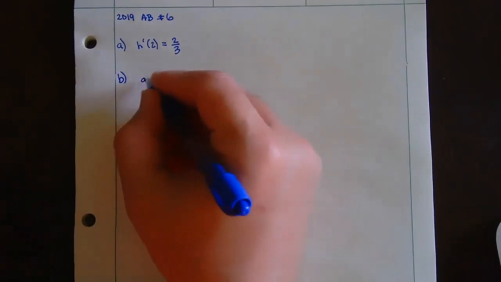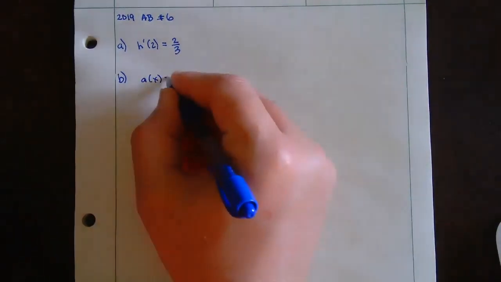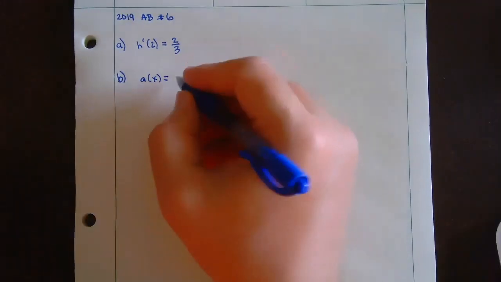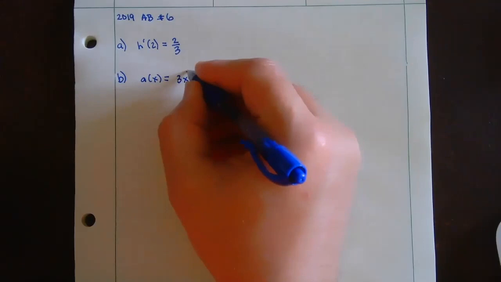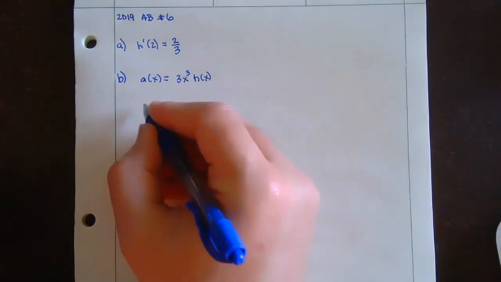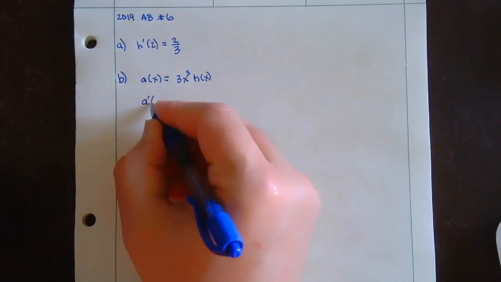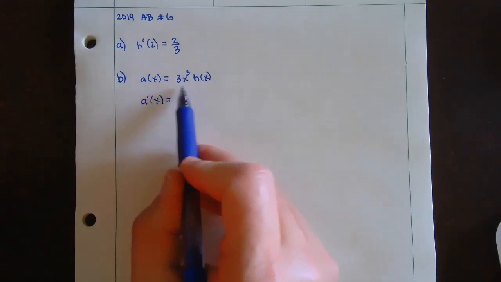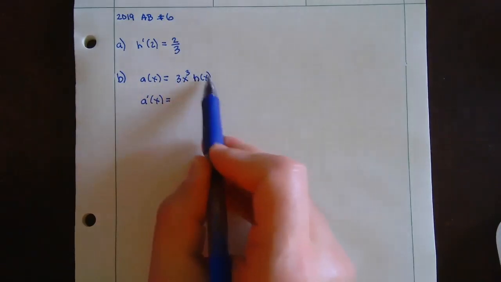So we know that A of x is equivalent to 3x cubed times h of x. Okay, so that would mean A prime of x would have to equal, the first function is this 3x cubed function, and the second function is h of x.